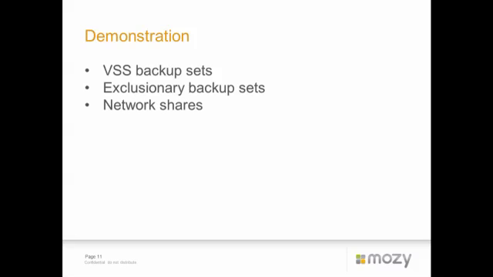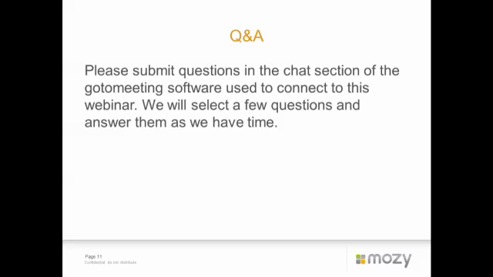At the end of this demonstration, we are also changing our format just slightly today. We're going to include a question and answer section so that you can submit some questions. We'll be glad to take a few of those and answer questions you may have about either my presentation or any other questions that have arisen because of the topic today.